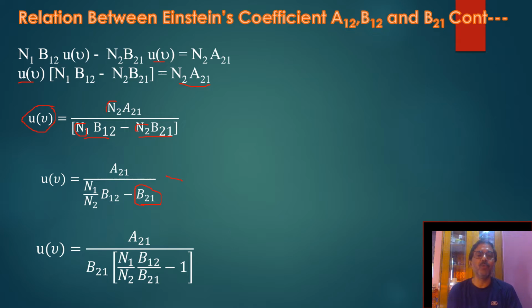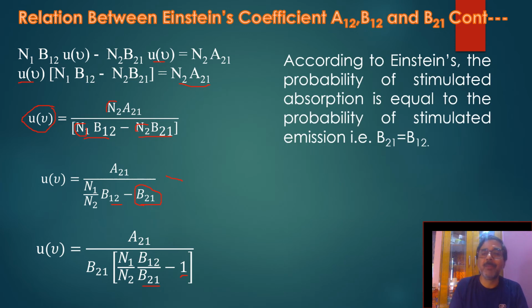Because we want to bring this in terms of the blackbody radiation equation, the details of which we will understand in quantum mechanics. So U nu equals A21 upon B21, divided by N1 upon N2 times B12 by B21, minus 1. This is a simple simplification.